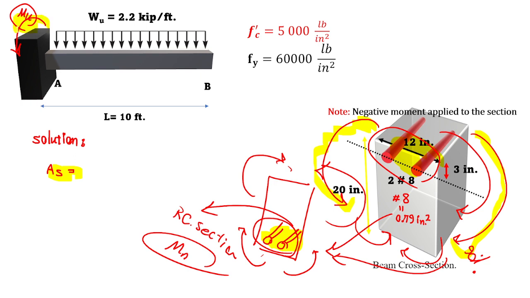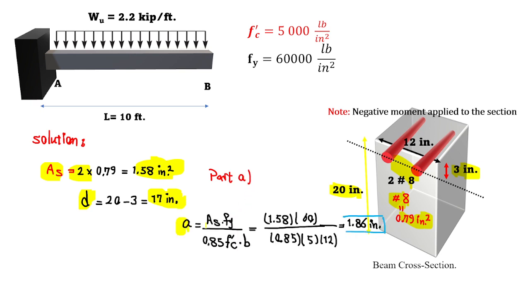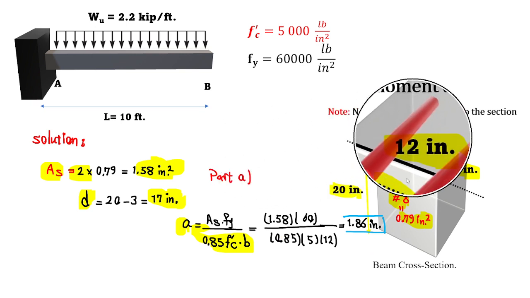Again, we can treat our problem like a simple reinforced section moment. As is 2 times the area of a number 3 bar, 0.79, which gives us 1.58 square inches. Effective depth is 20 minus 3 inches, which gives us 17, and we assume we flip our section. In part A, a is As times fy over 0.85 f'c times b, where b is the width of the section, 12 inches.